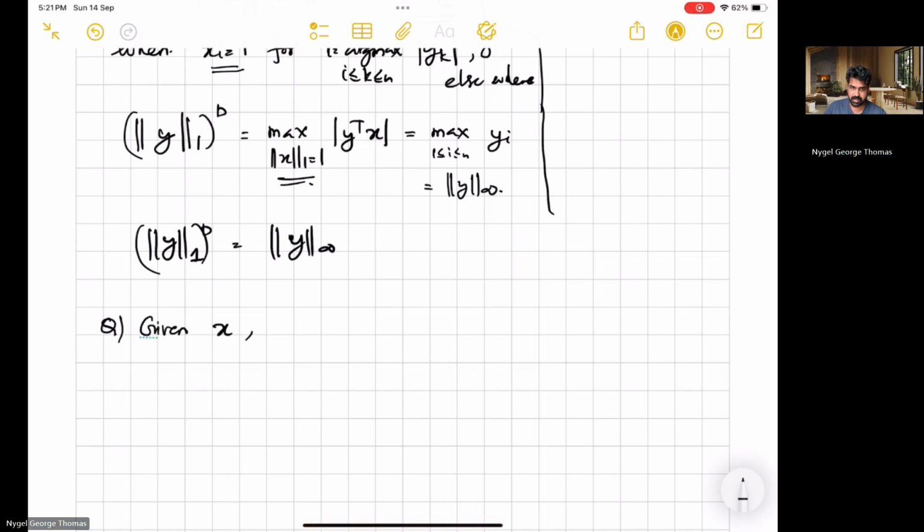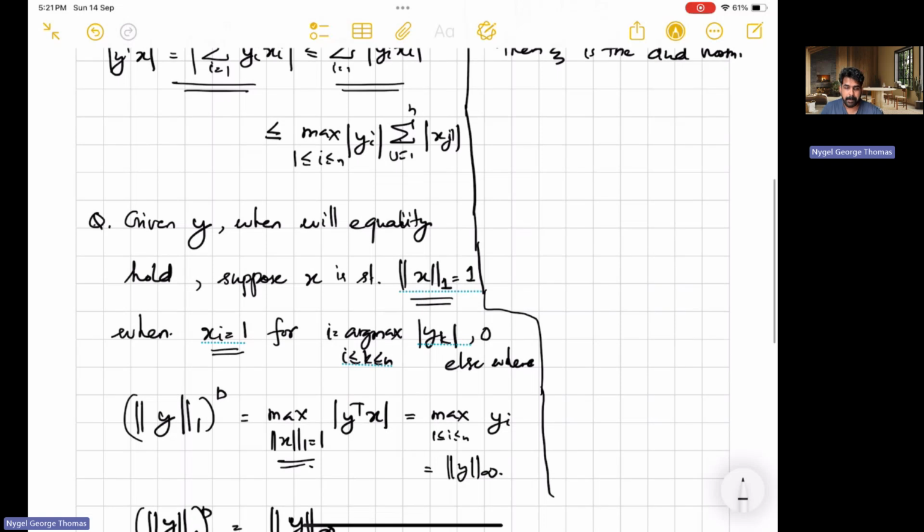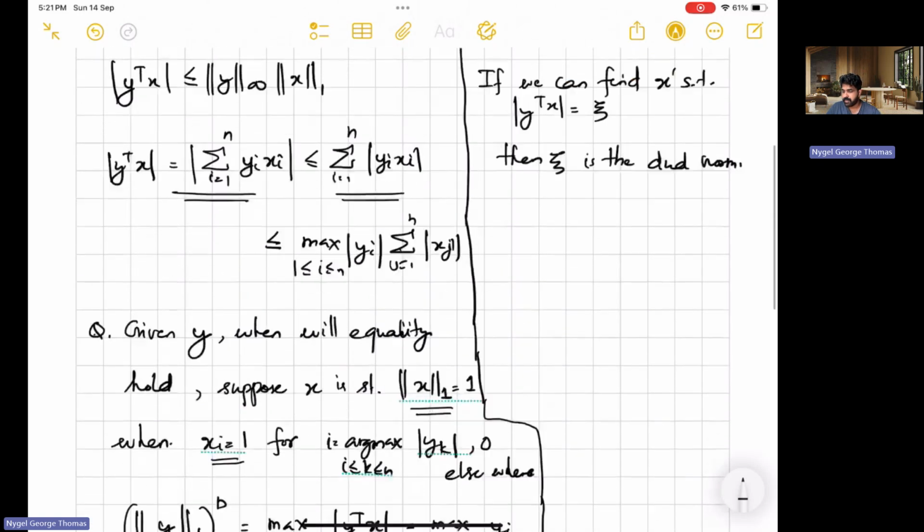When will equality hold? So x is actually corresponding to the L1 norm, right?